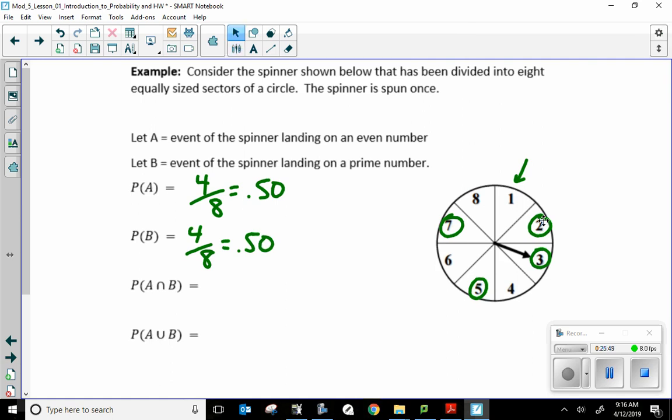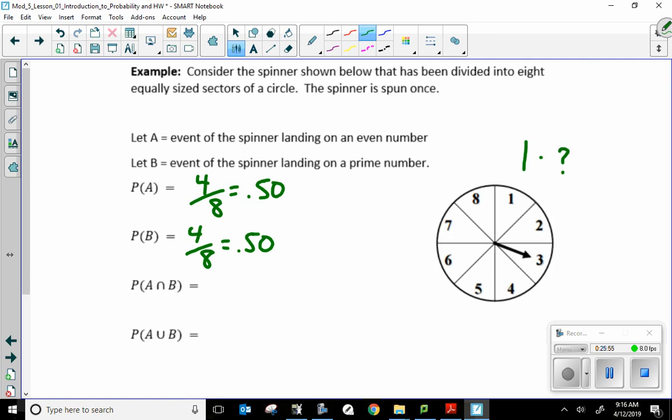If you're wondering, how come 1 is not a prime number? I thought any number that you multiply 1 times itself, and that's the only way, like 1 times 3, that's the only way you get to 3. That's why it's a prime number. The only way you get to 1 is 1 times 1. By definition, a prime number is a number whose only 2 factors are 1 and itself.